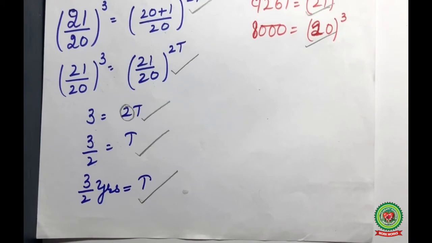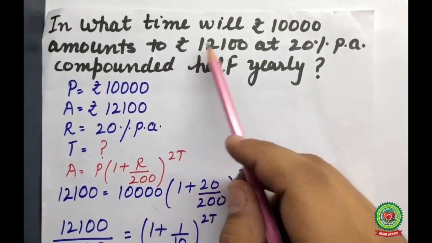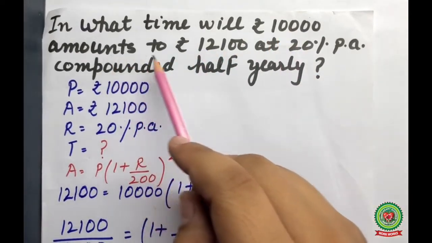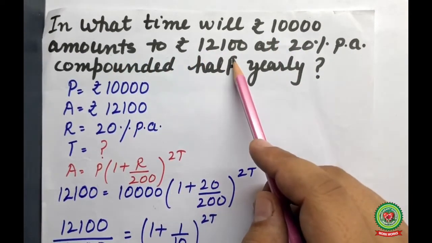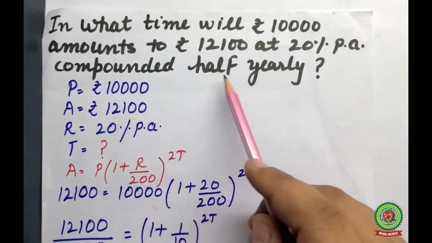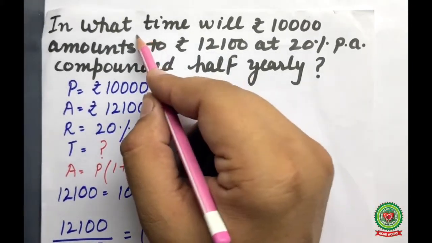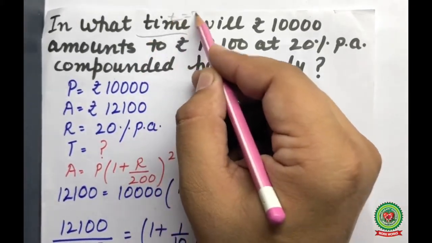The second example is, in what time will rupees 10,000 amounts to rupees 12,100 at 20% per annum compounded half yearly? So let us find out what is given to us in this sum. In what time? That means we need to find time.